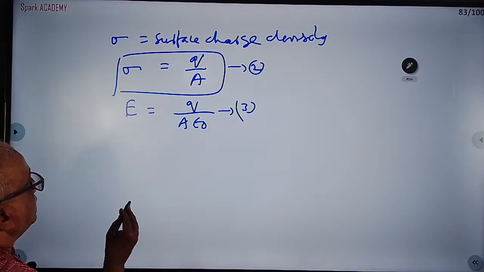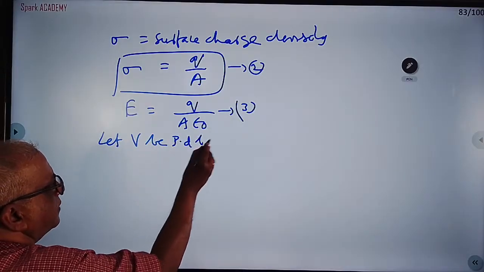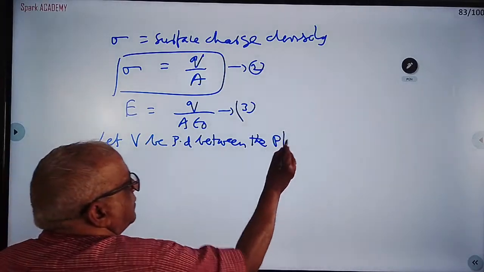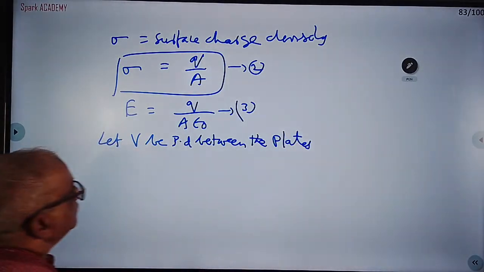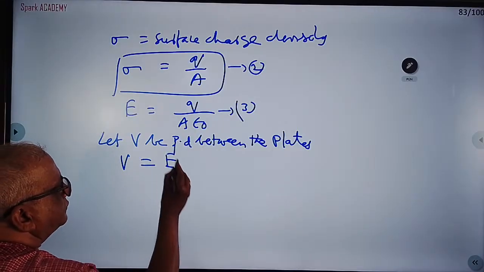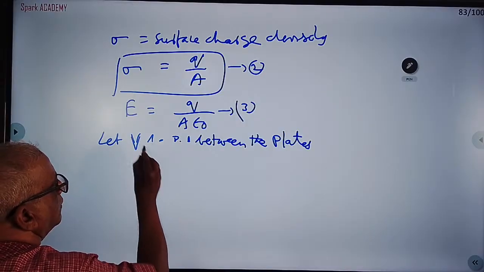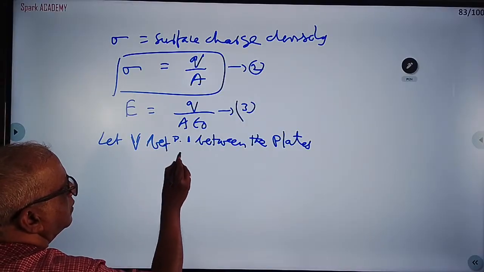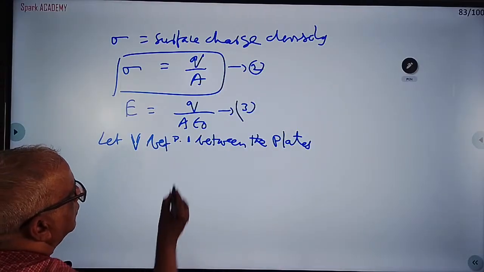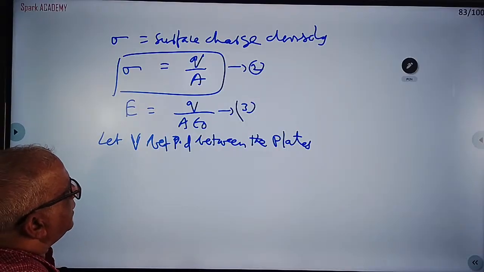Then the potential difference. Let V be the potential difference between the plates. Then the V, E relation: V is equal to E into D. PD means potential difference.